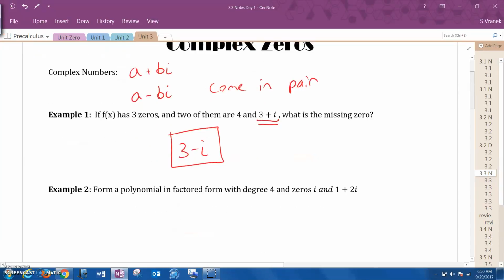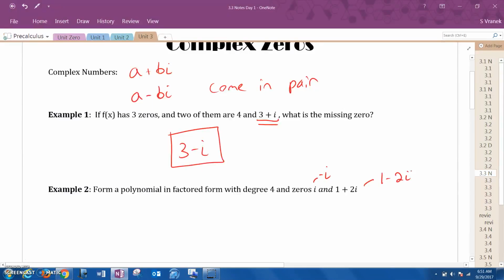So now this says form a polynomial in factored form with degree 4 and zeros of i and 1 plus 2i. So if this is an i, we also know we have a negative i. And if this is a 1 plus 2i, that means we also have a 1 minus 2i. Now, you guys know that if I said x equals 4, that comes from the factor x minus 4, the opposite.